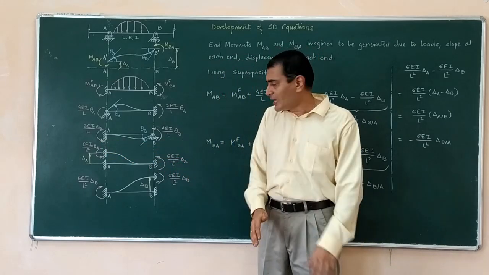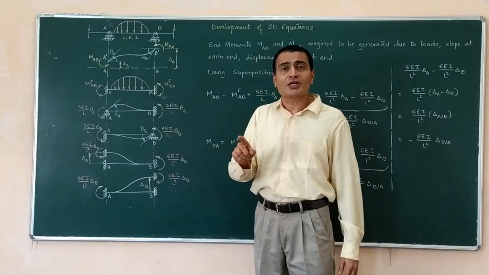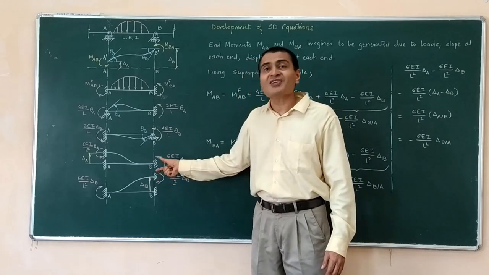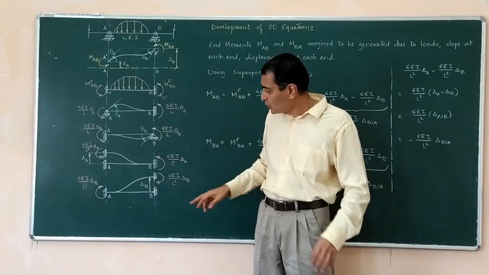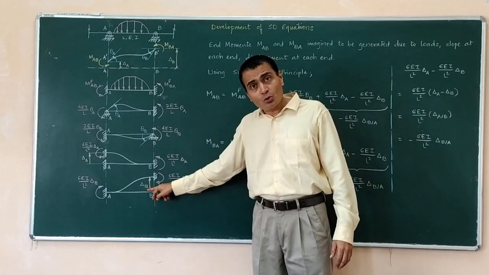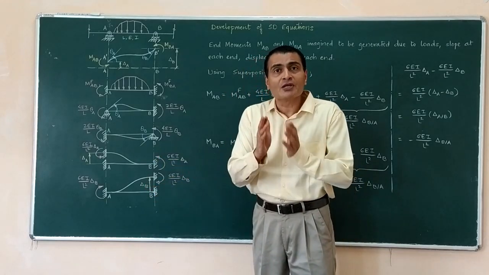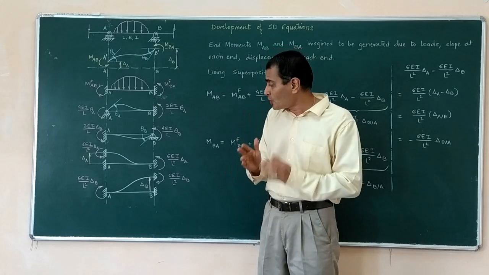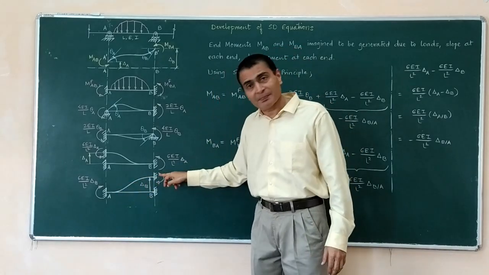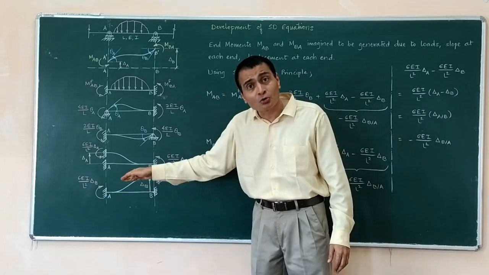And finally, I am going for pure translation of joint B, no rotation, so the fixed support as it is I am showing to be lifted through an amount of delta B. Now what do I observe? Since delta B is upwards because I want it to be positive in my discussion, it is observed from the deflected shape that this is convex upwards and that is convex downwards.